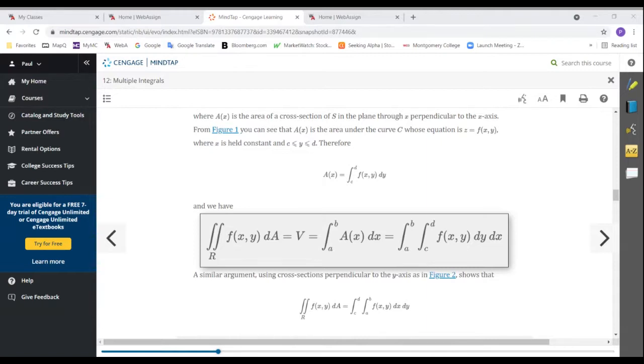The way you evaluate the double integral is that for the inner integral, you integrate with respect to y, put in the limits c and d, and then the result is a function with respect to x, which you can then evaluate with respect to x. This is just an example of how this works, and I'm trying to motivate how this double integral comes about.